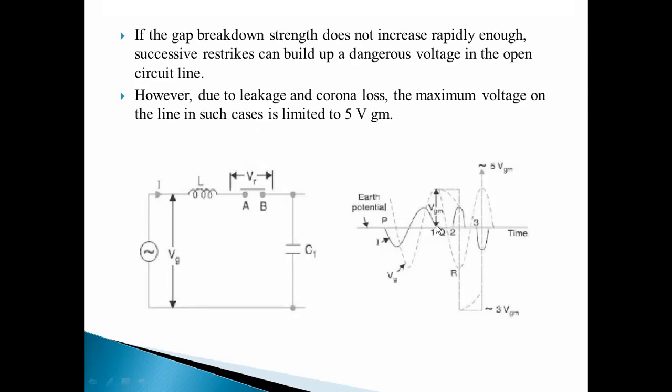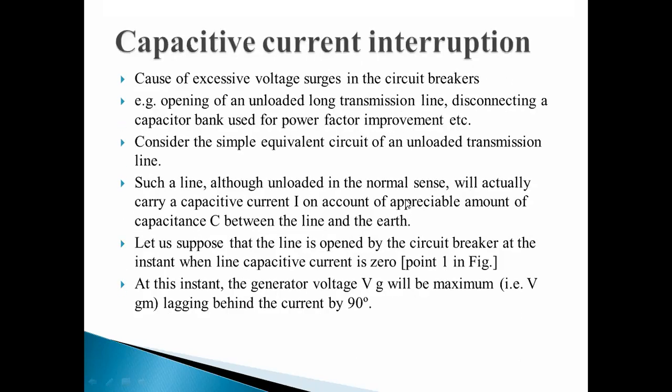Okay, so when the line is open, you can see here this voltage. When this current becomes 0, this voltage is VGM. Okay, means it reaches the maximum value. Okay, so we'll see that.